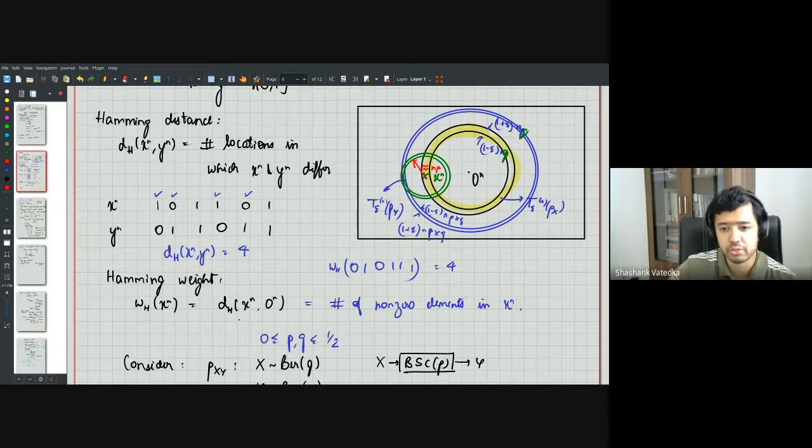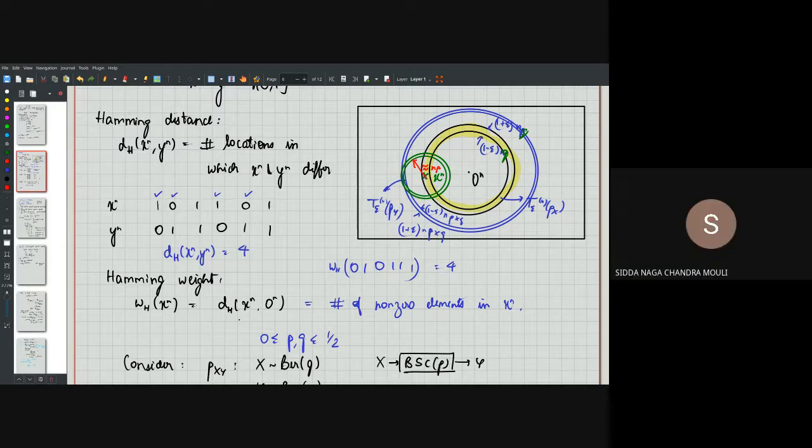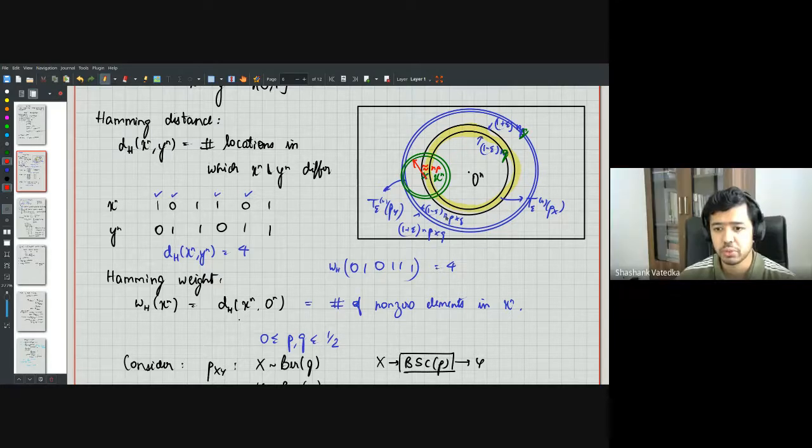Basically, what are you doing? You're just tossing a coin, right? And the probability of it being heads is equal to p. So with high probability, you're going to see roughly np heads, or in this case, np ones, or np flips. Correct? So that is really what is happening. Conditioned on an xn, the yn is going to lie within distance close to n times p.